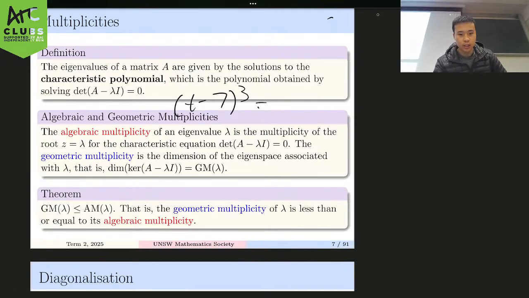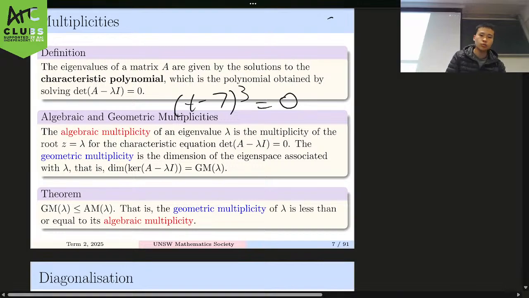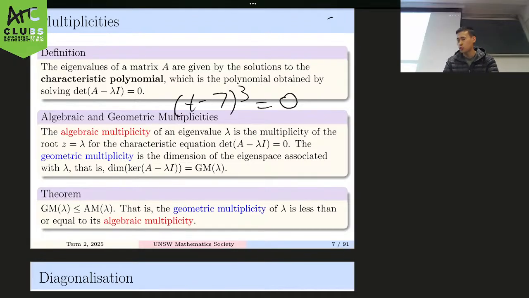So that's an example. Essentially, the degree here represents the number of eigenvalues you should get. We're going to call it the algebraic multiplicity, which is literally just the degree of your characteristic equation.